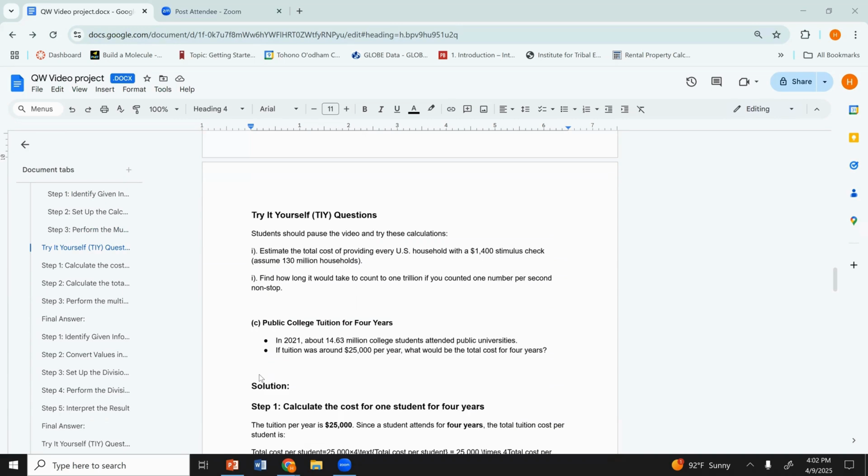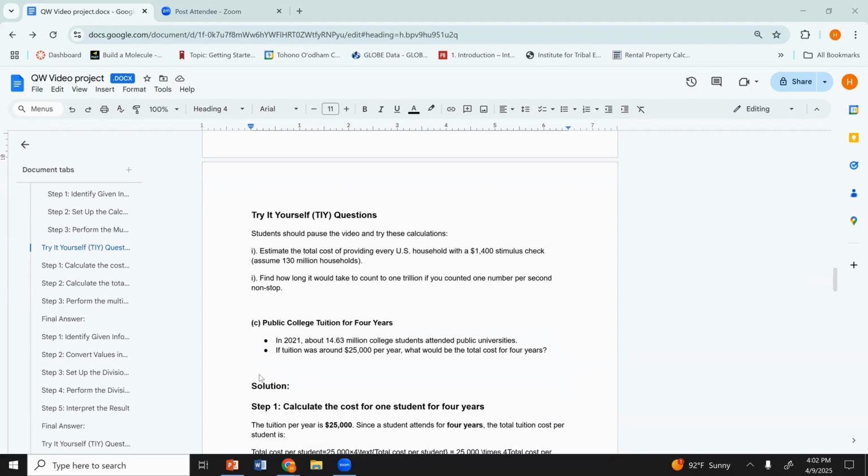The first question is to estimate the total cost of providing every US household with a $1,400 stimulus check, assuming that the total number of households is 130 million.